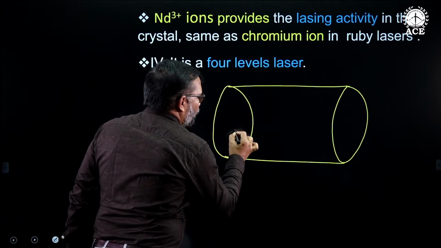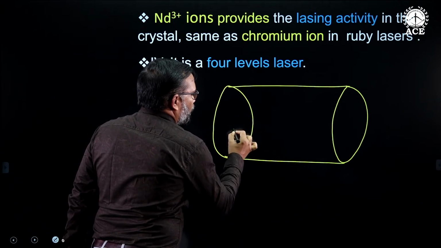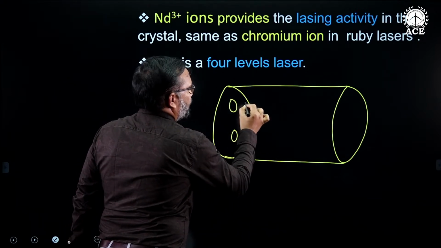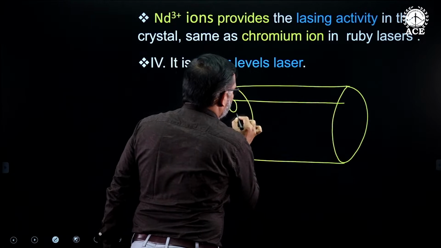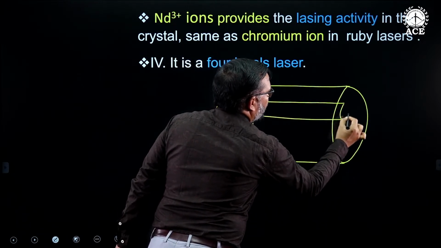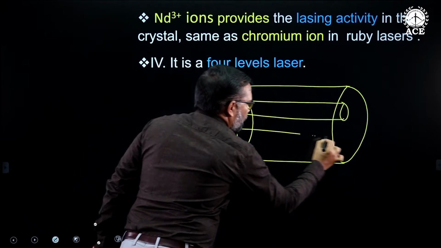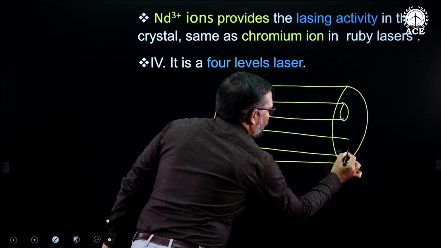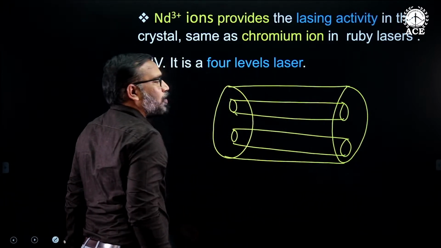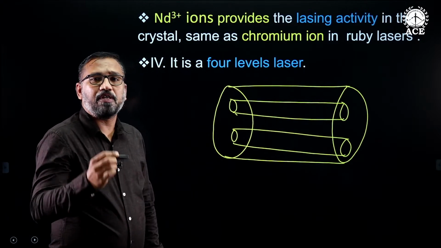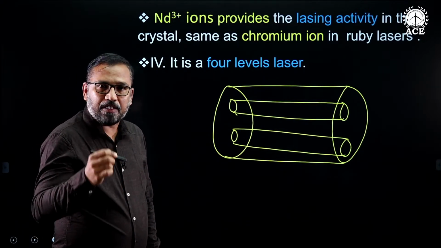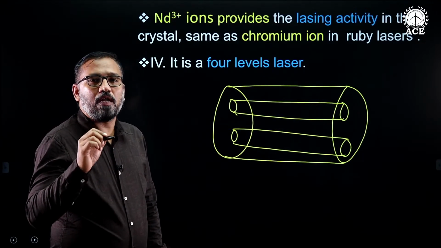It has 2 focus points. This is one focus point. It is one more focus point. This is one focal length, and this one is also one more focal length. How many focal lengths will it have? Because it has 2 focus points, this elliptical shaped body will have 2 focal lengths.